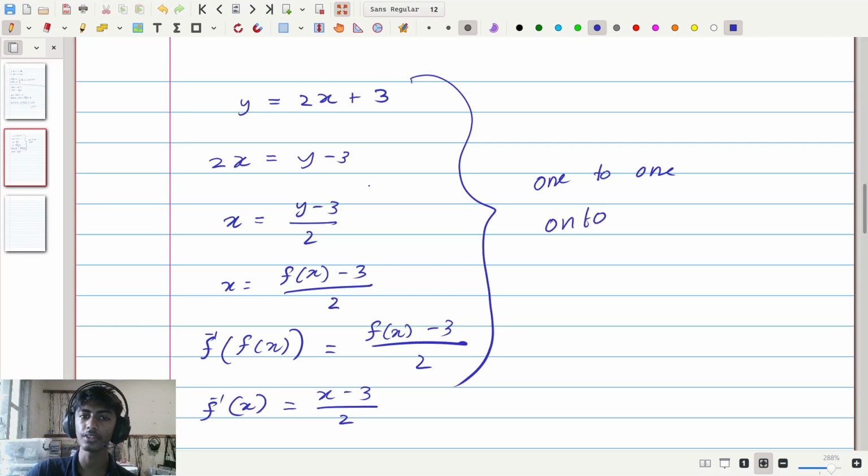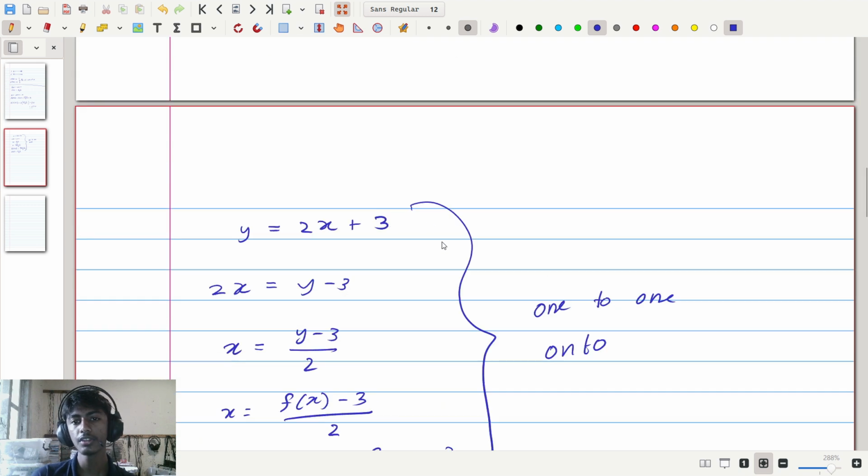What I mean by this is that one input of x corresponds to one output of y, and more importantly, one output of y can only be found by one input of x. The function is also onto, which means for every possible x there is a corresponding y, and for every possible y there is a corresponding x, covering the entire set of possible outputs and inputs. So there's no value we cannot substitute into this function or its inverse that will not give us an answer.